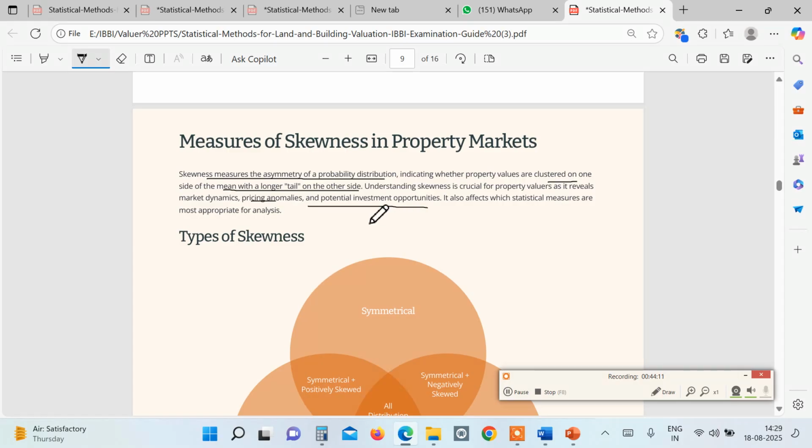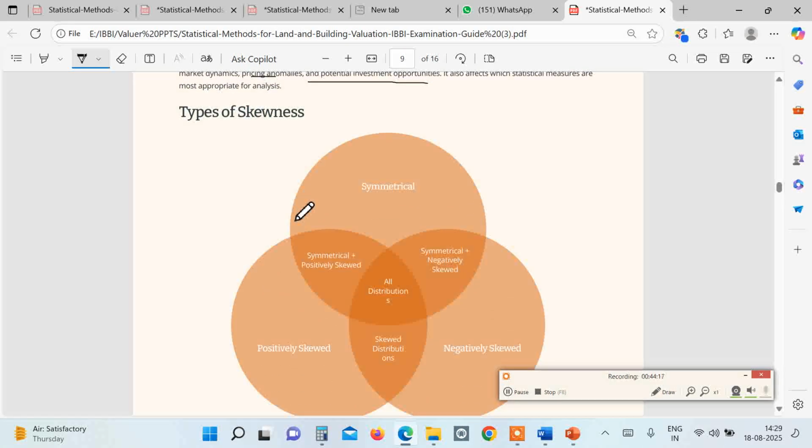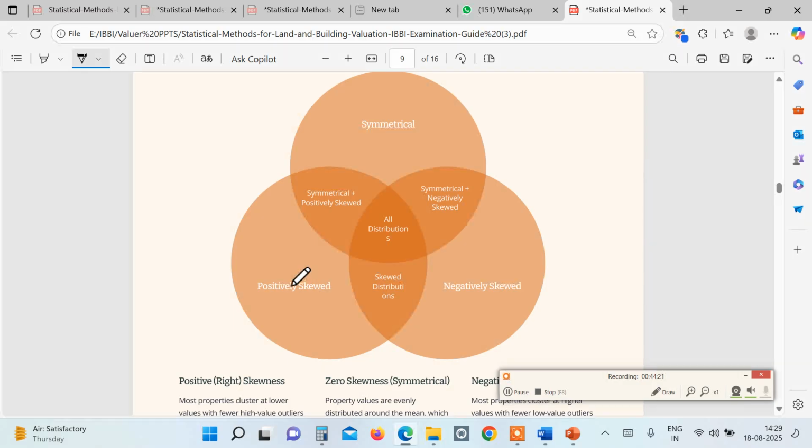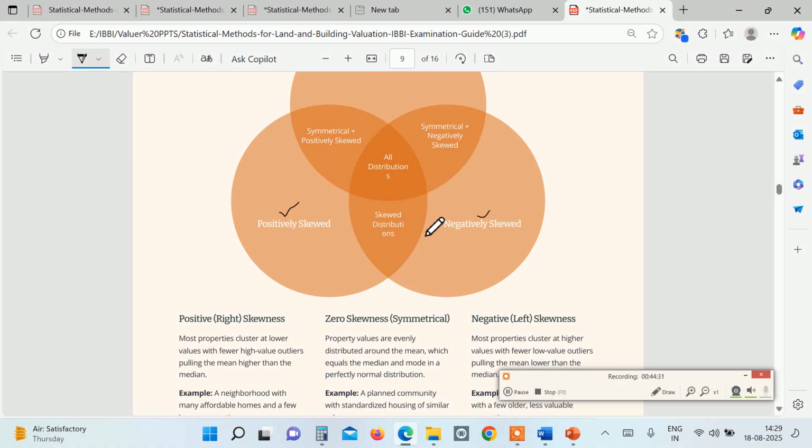It also affects the statistical measures which are most important for analysis. There are basically three types of skewness: positively skewed, negatively skewed, and symmetrical or zero skewness.